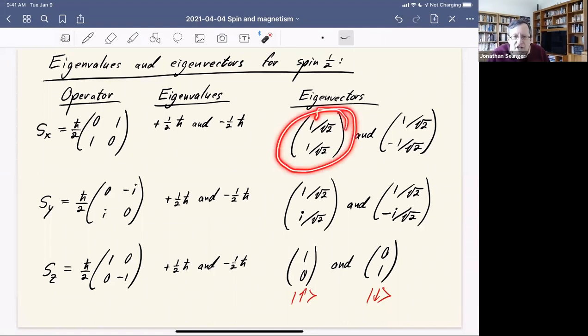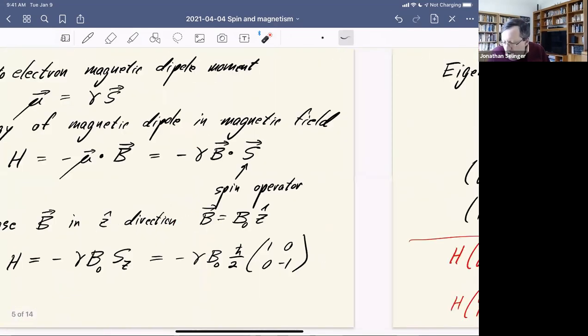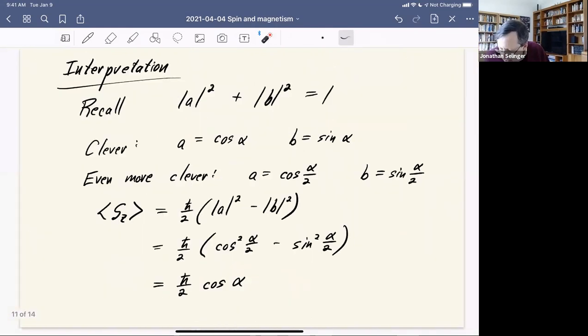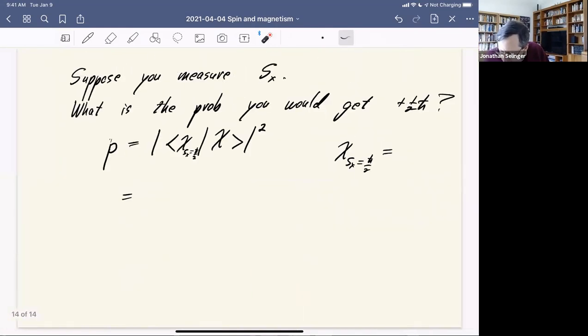This is the state with Sx equals h bar over 2. Okay, so we want the inner product of this state with the state we calculated. So this state is 1 over root 2, 1 over root 2.